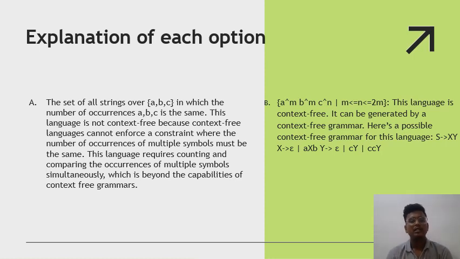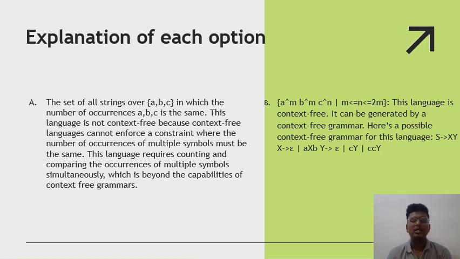A is the set of all strings over A, B, C in which the number of occurrences of A, B, C is the same. This language is not context free because context-free languages cannot enforce a constraint where the number of occurrences of multiple symbols must be the same.